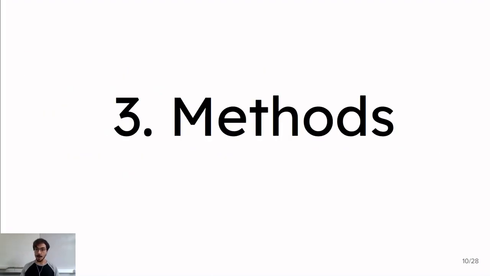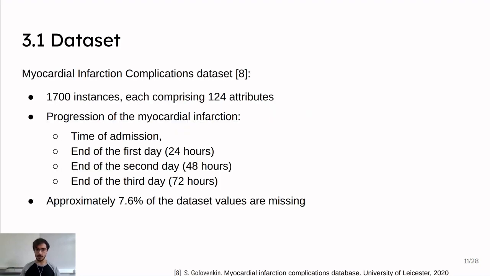So, for the methods and materials employed in this study we have first the dataset. This dataset is called the Myocardial Infarction Complications dataset, and it was obtained from the Krasnoyarsk Interdistrict Clinical Hospital in Russia, collected in the 90s by the University of Lancaster and made publicly available in 2020.